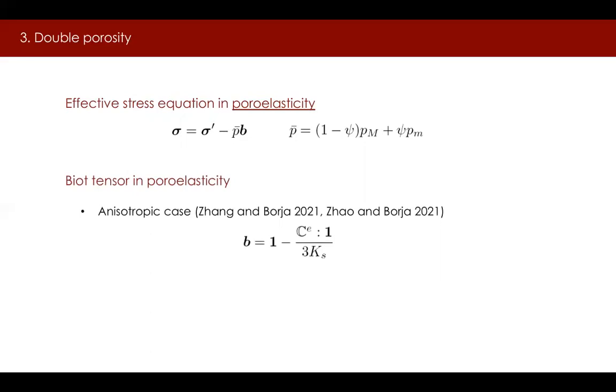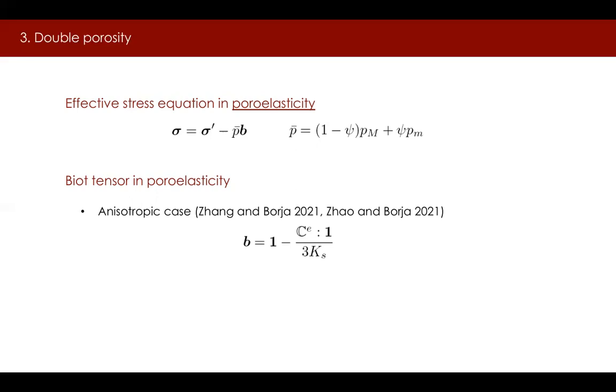Zhang and Borja employed the superposition principle, whereas Zhao and Borja made use of thermodynamics of a continuum and arrived at the same expression for the Biot tensor, B. In this expression for B, C^e is the drained tensor of elastic moduli for the solid matrix, whereas K_s is the bulk modulus of the solid grains.